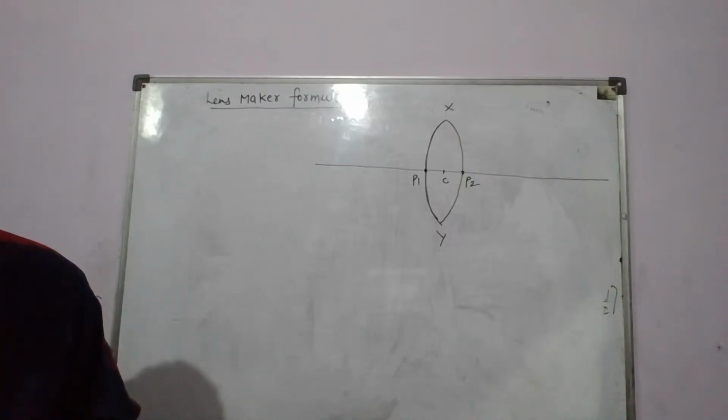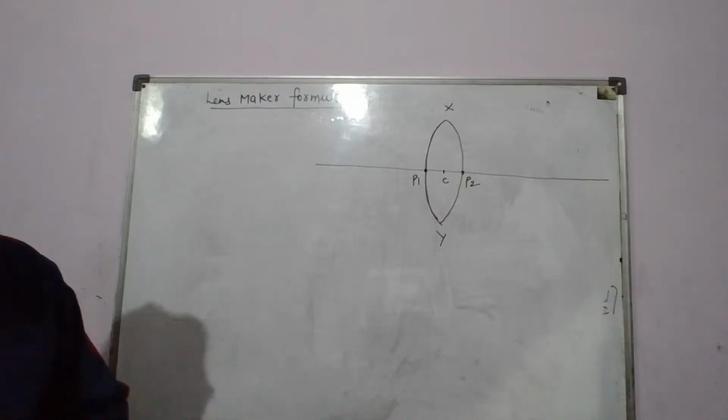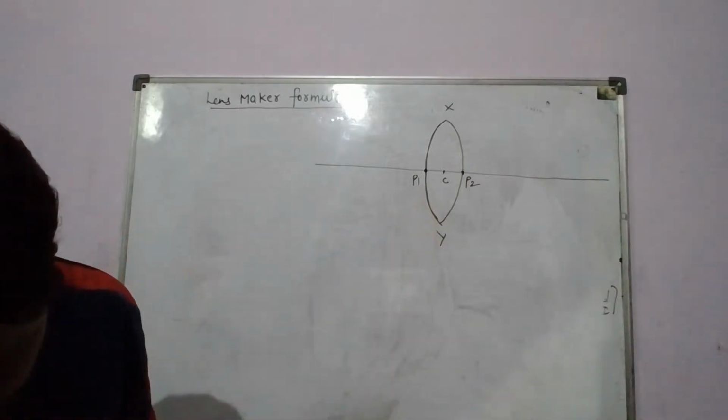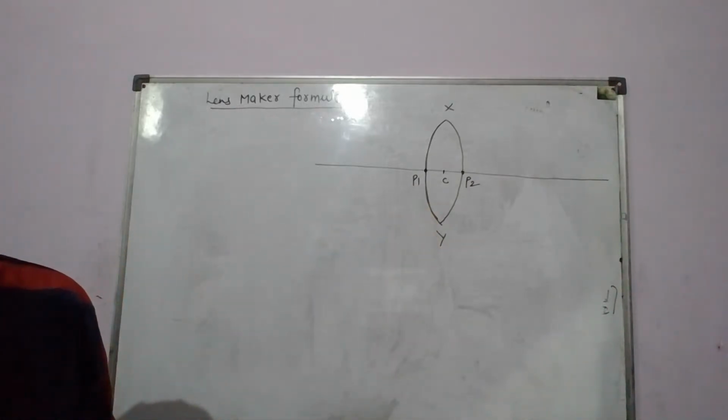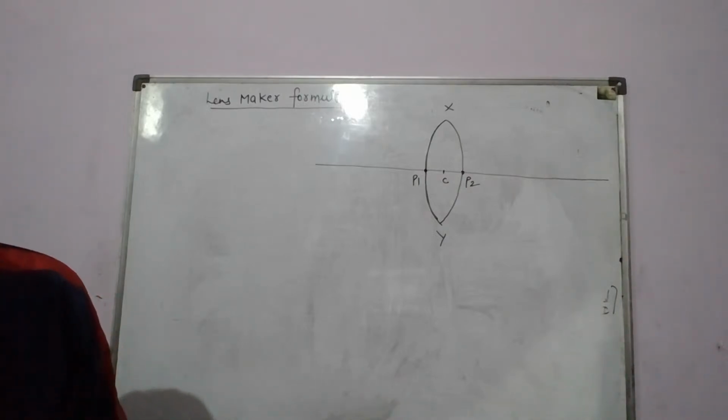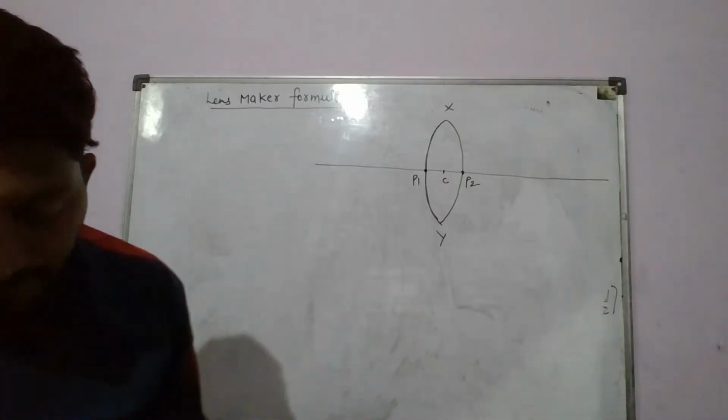Its assumptions: the lens is thin, and so the distances measured from the poles of the two surfaces of the lens can be taken as the same as the distance measured from the optical center of the lens.